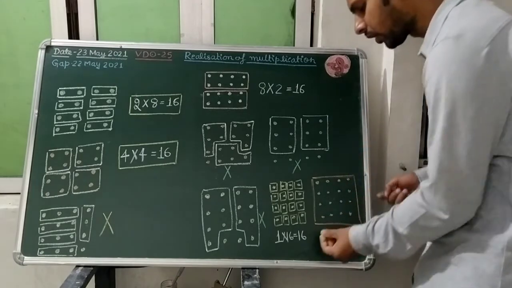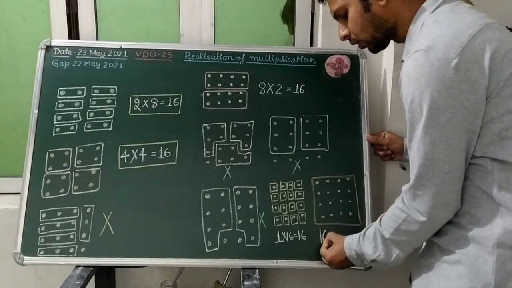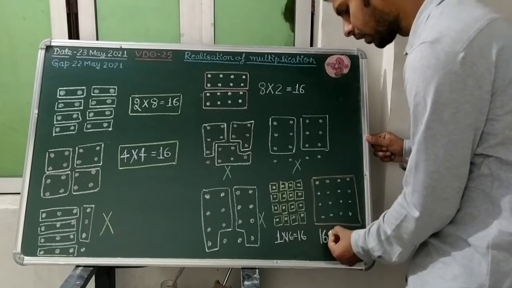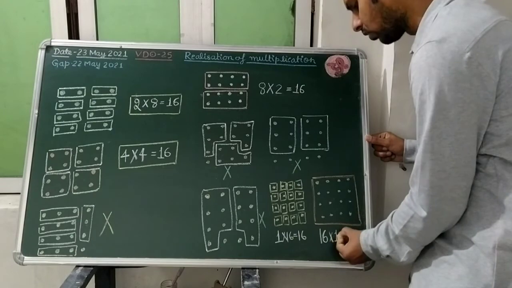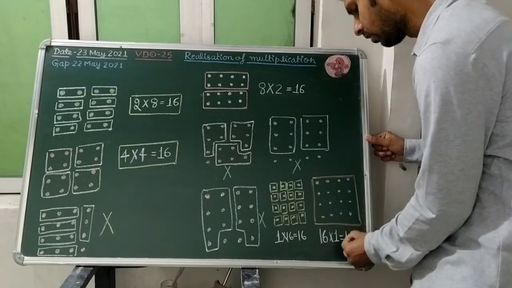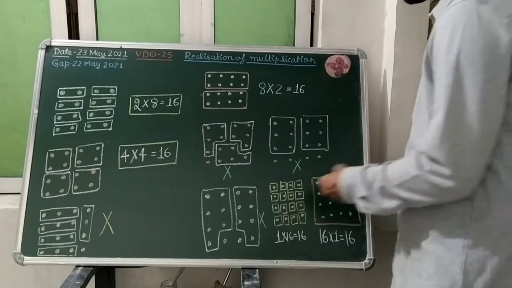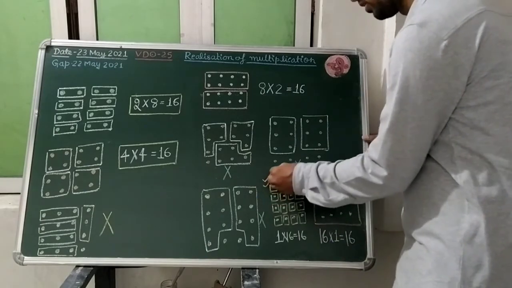So of course, students, we are grouping the 16 dots, and how many groups are we finding? We are finding one group. So 16 into 1 is also going to give us what? 16, students. So these will become the correct ones, isn't it?